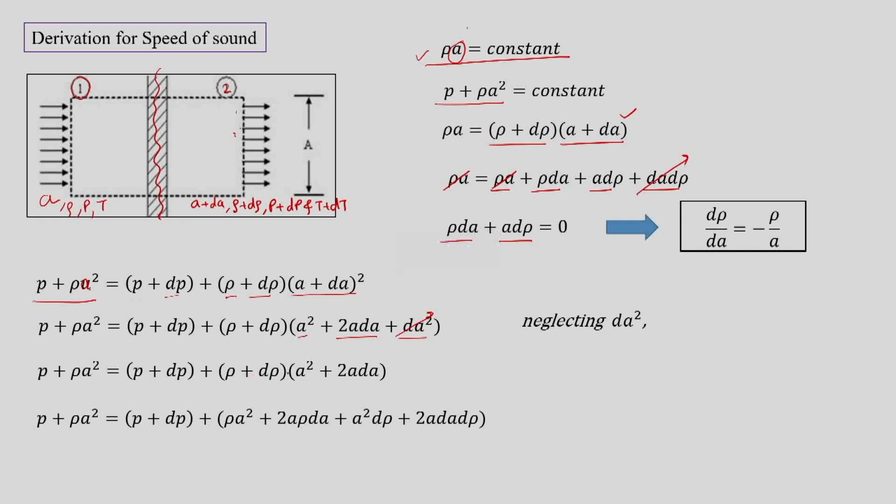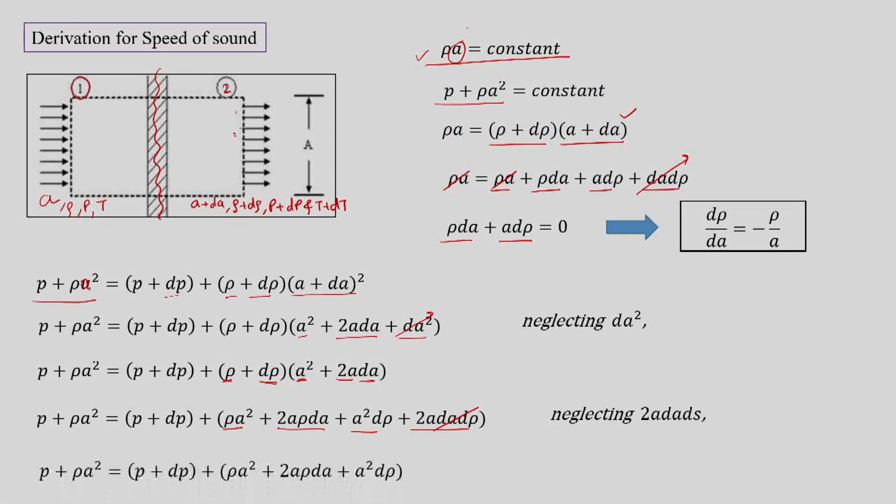Further, let us multiply these two brackets: we have rho a square, then twice a into rho dA, then d rho a square, and then d rho into dA into twice a. So these are the four terms. Further, the higher order term dA d rho will be neglected here, and then we get the same expression without the dA d rho term.